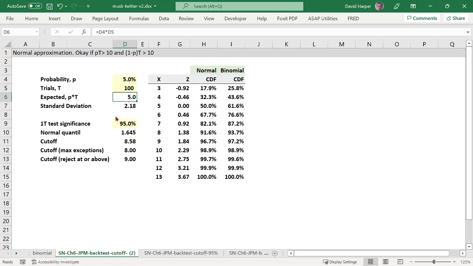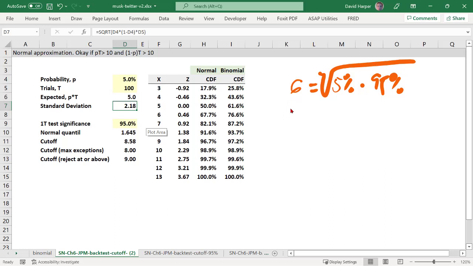The expected number of fake accounts is 5. And the standard deviation here is really just a Bernoulli variable: the standard deviation of the Bernoulli is the square root of 5% times 1 minus 5%.